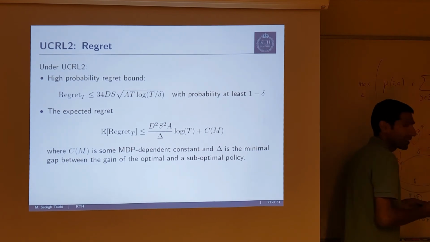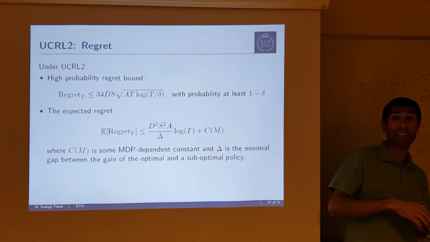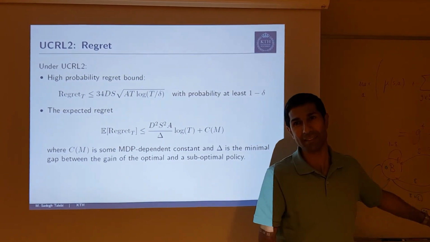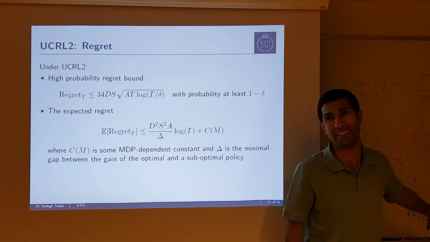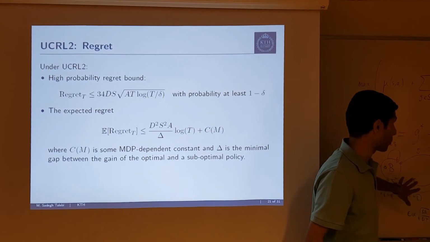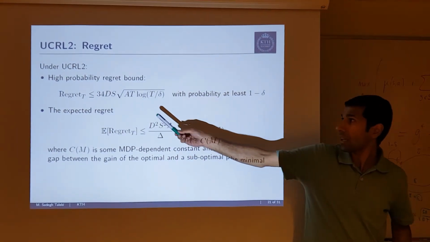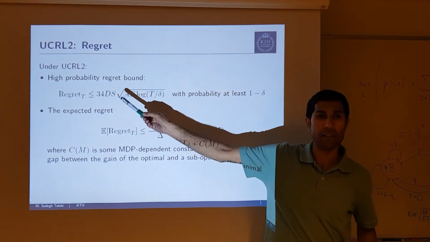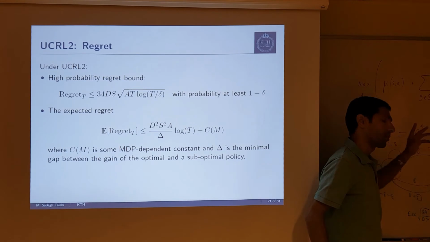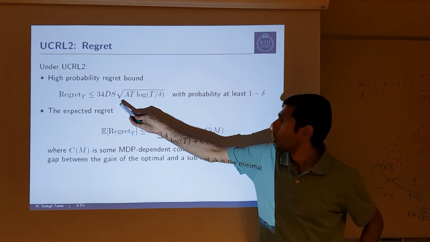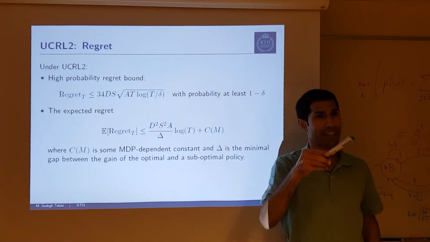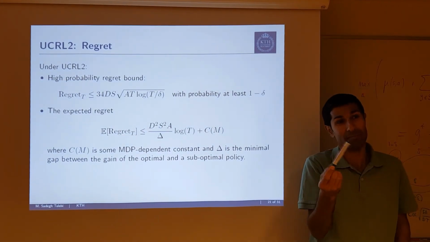So this diameter could be as bad as S, but also as bad as these probabilities. So if you consider these 2-state MDPs, S is 2, A is, let's say, 2 actions, and this D is 1 over delta.